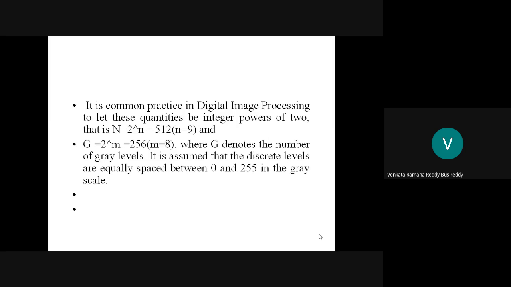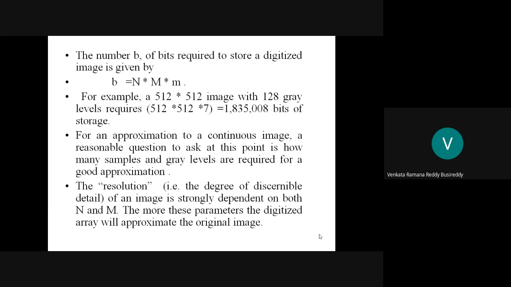And also the size: the number of bits B required to store a digital image is n into m into k. So for example, if I take 512 into 512 and 8 bits, this much amount of storage is required for representing an image. So a huge amount of memory is required when you are dealing with digital image applications.